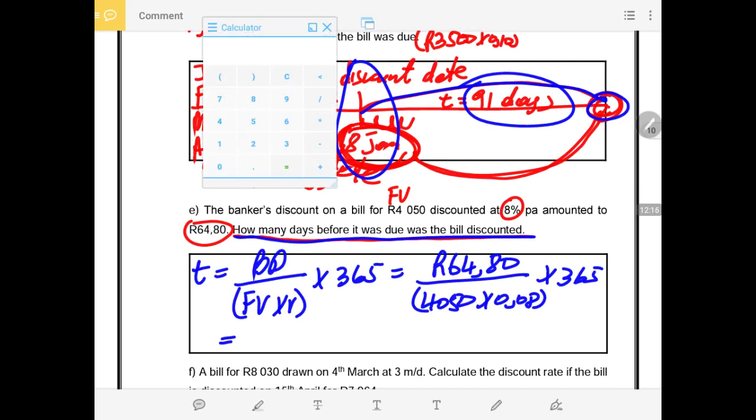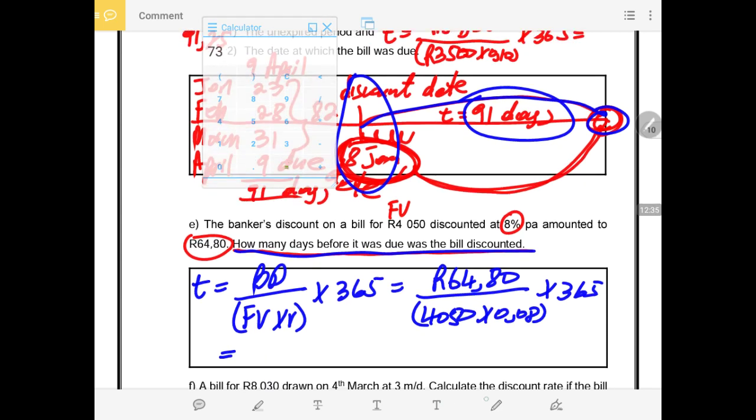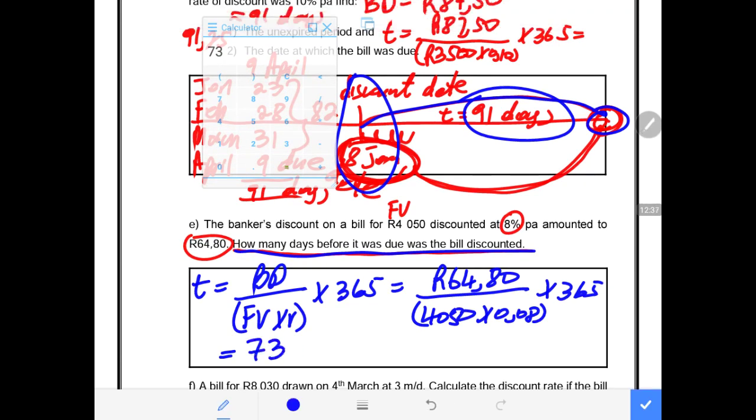Now let us do our calculations. We have 64.80 divided by open brackets 4,050 times 0.08, close brackets, times 365 days in a year. We get 73 days.